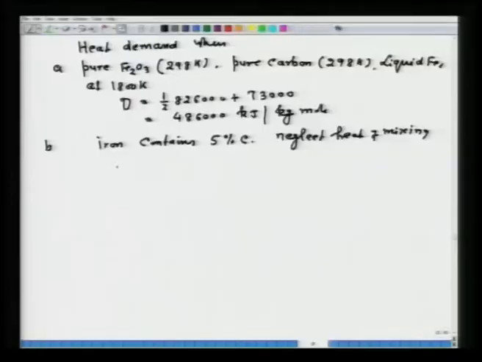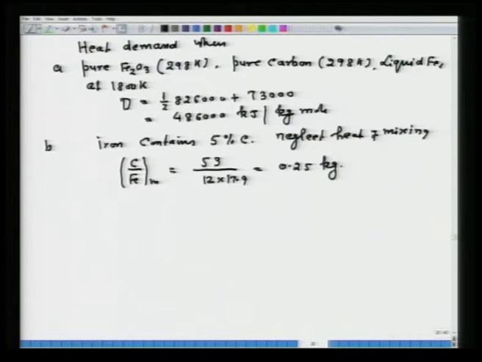So, first of all we will calculate C by Fe, that is moles of carbon to moles of iron in metal, which will be equal to again 53 divided by 12 into 17.9, and that is equal to 0.25 kg mole per kg mole of product iron.